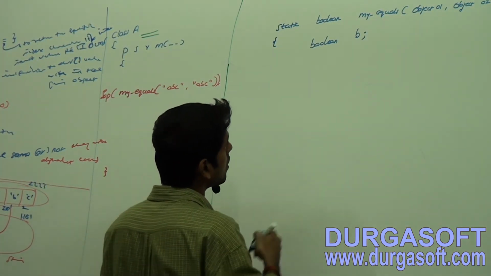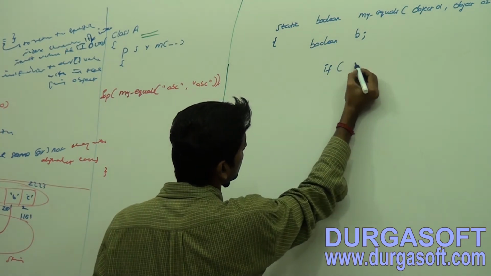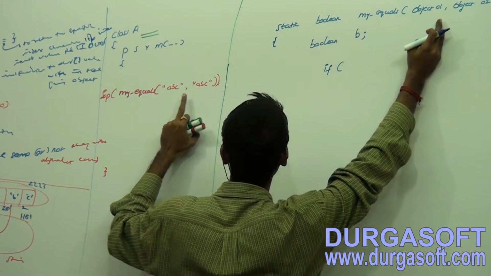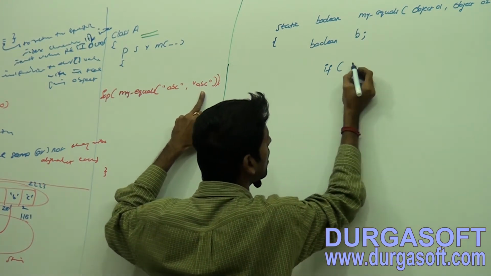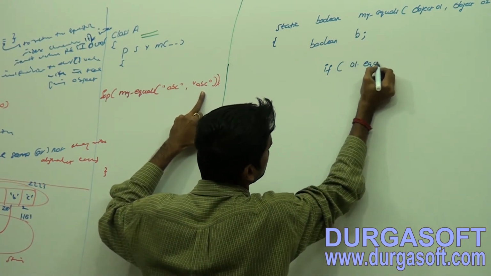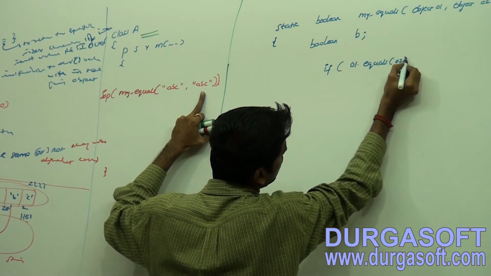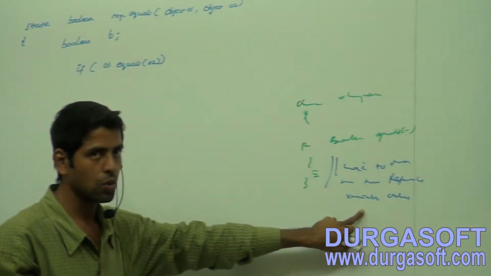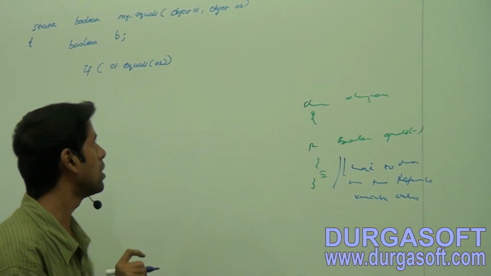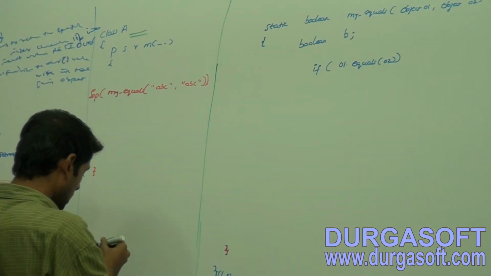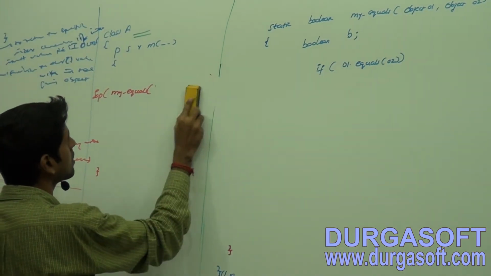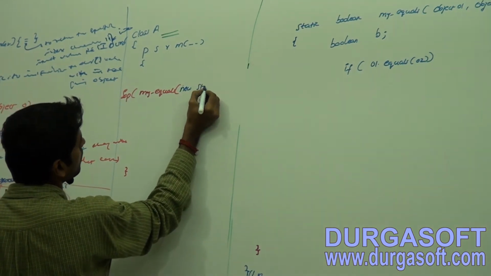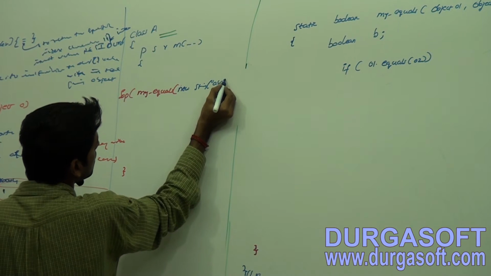Now this object is available with O1 and this object is available with O2. If O1 dot equals of O2, the equals method return type is boolean. Just for your convenient understanding, let me use new String of ABC.